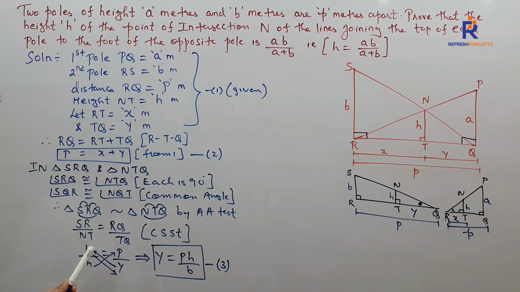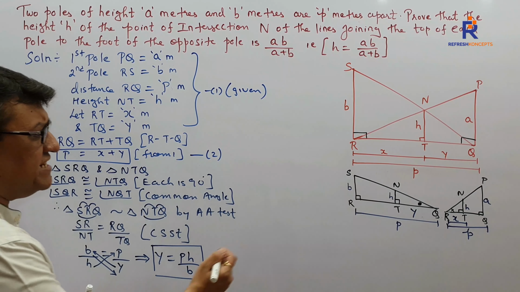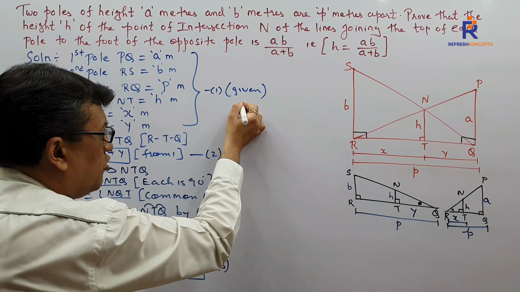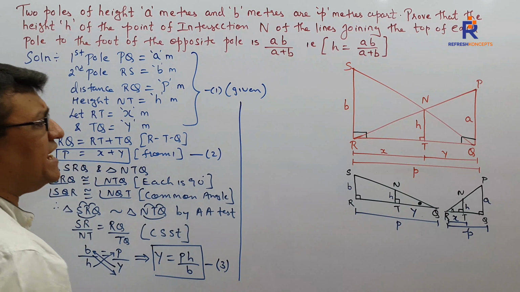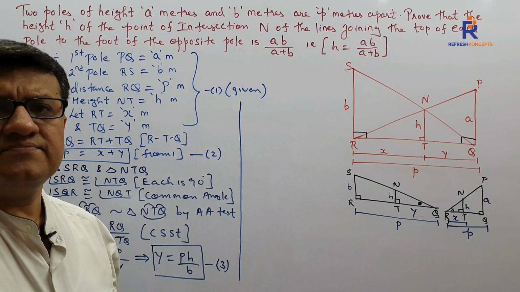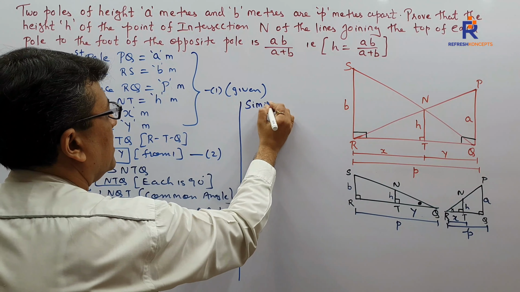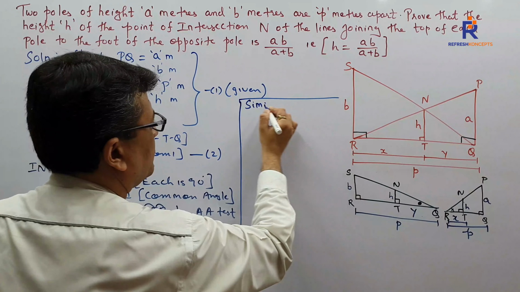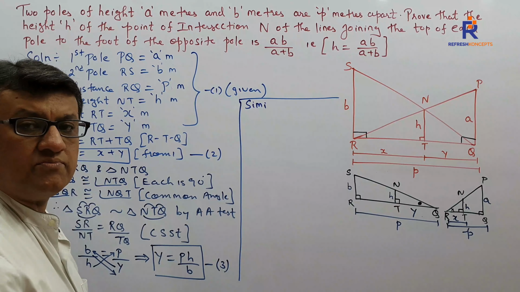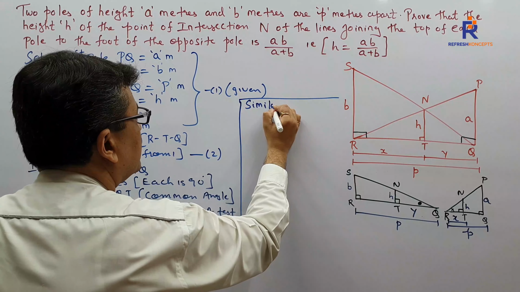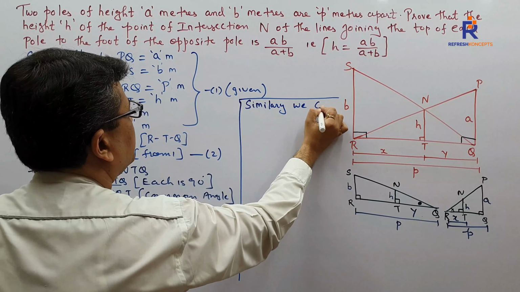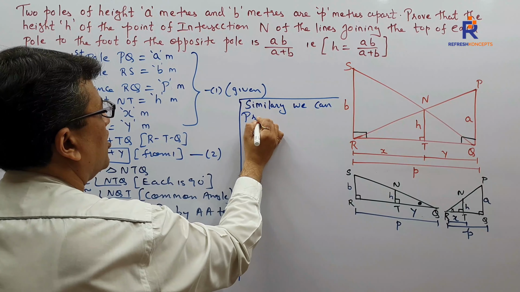Now children, whatever I did for this triangle, I want the same to be adapted for the other triangle. So I'm going to say similarly. I'm sorry, but this is what we follow so that we understand how our sum goes. Similarly, we can prove, what can we prove?